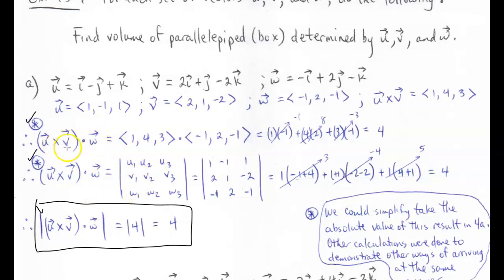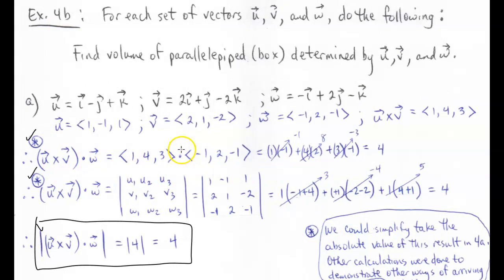So, of course, for u cross v dot w, we actually did that back in example 4a, and we got 4. We also know that to calculate the triple scalar product, we can use its determinant form.